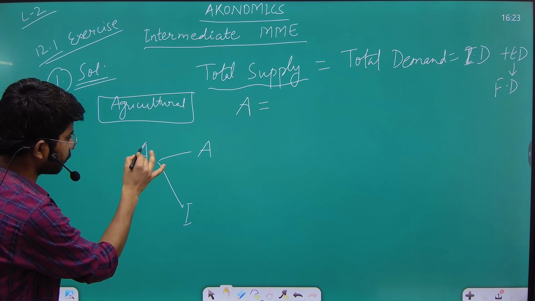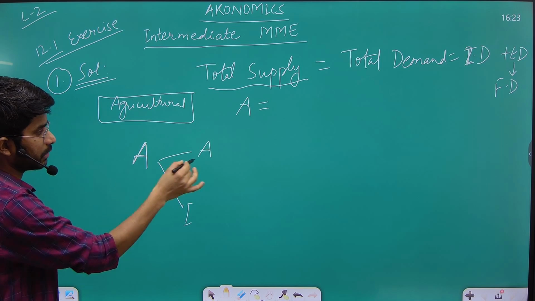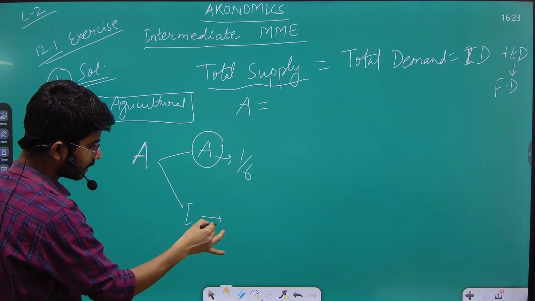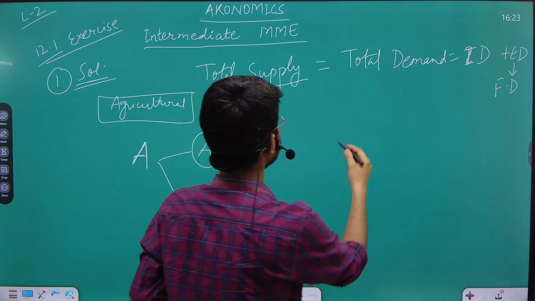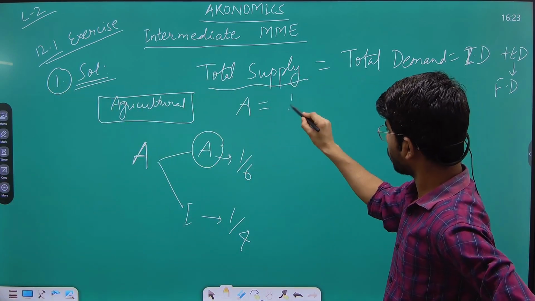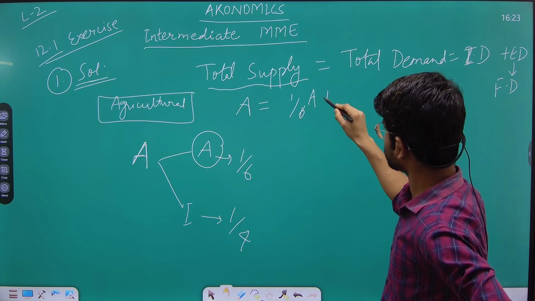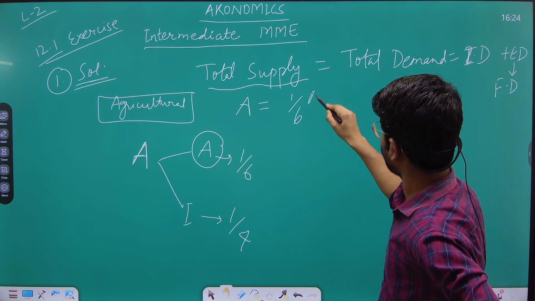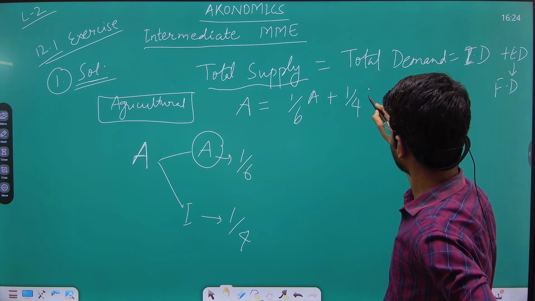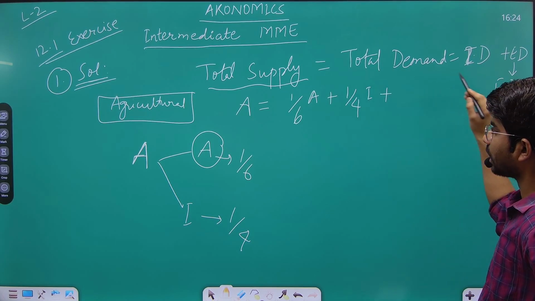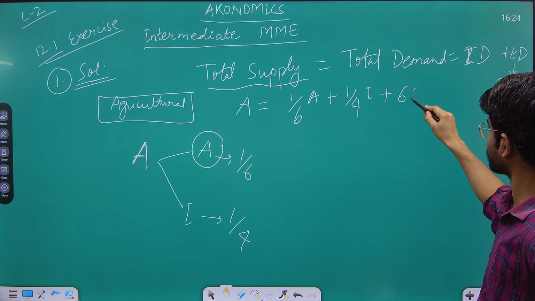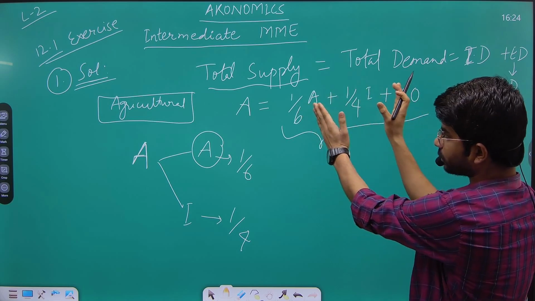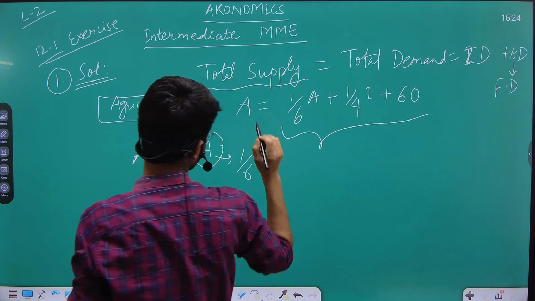So the internal demand for A is in 1/6 fraction, and for I 1/4 fraction. So the internal demand for this A would be 1/6 of A plus 1/4 of I plus whatever the external demand is. So this is your external demand. All these terms give the total demand of industry A.